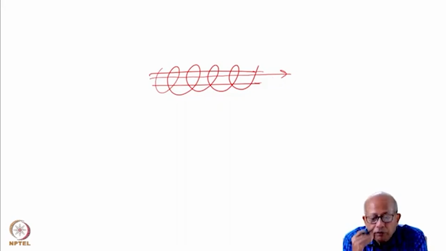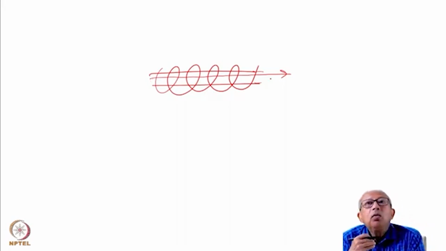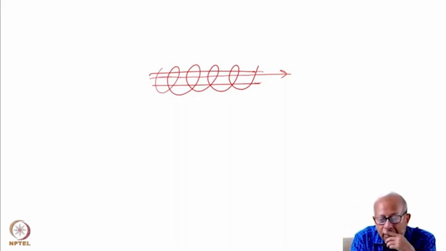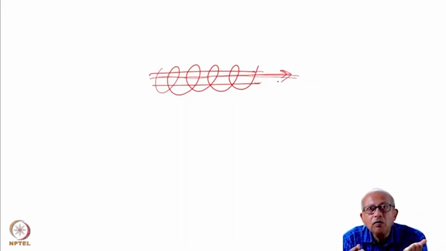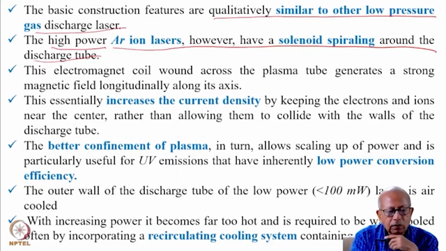This actually confines the electrons and also ions near the center and would not allow the ions to move near the wall. So this maintains a very high current density, that is high density of electrons, which facilitates the high power operation of the argon ion laser.